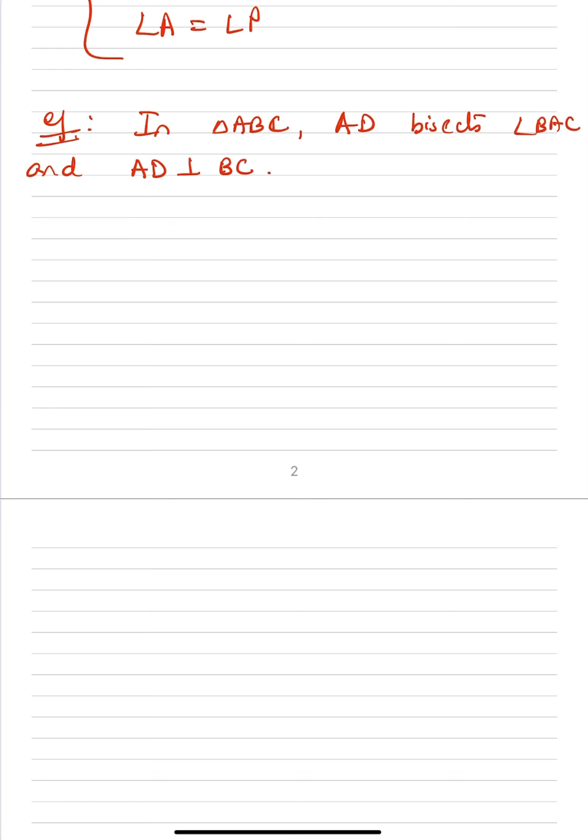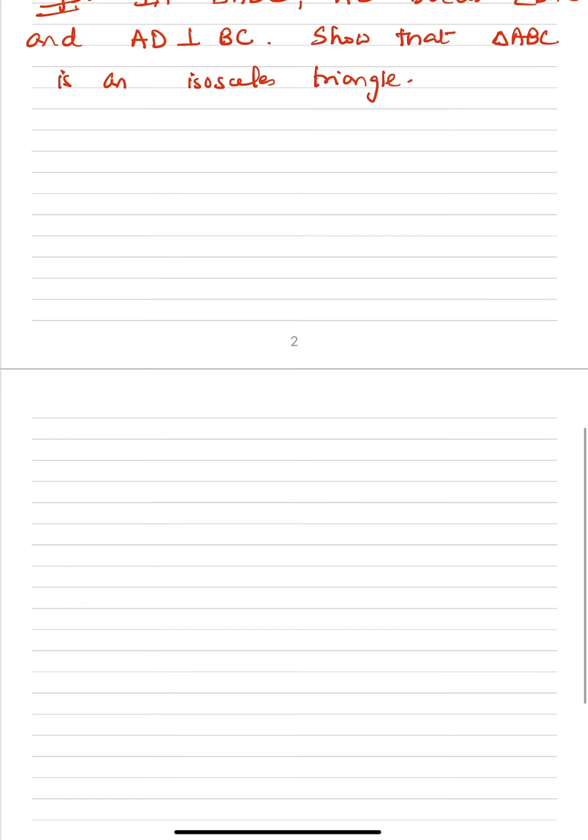Line segment AD is perpendicular to line segment BC. Show that triangle ABC is an isosceles triangle. I think we have proved this using SAS congruency also. Now we will prove this by using A.S.A congruency.